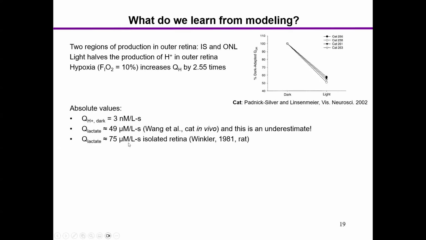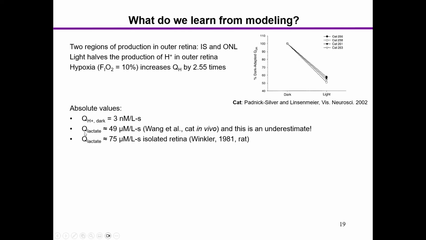If you try to look at lactate production in the isolated retina, I had trouble finding numbers for this, but from Winkler's paper in 1981 in rat, the number was really pretty similar to what Wang found in vivo.